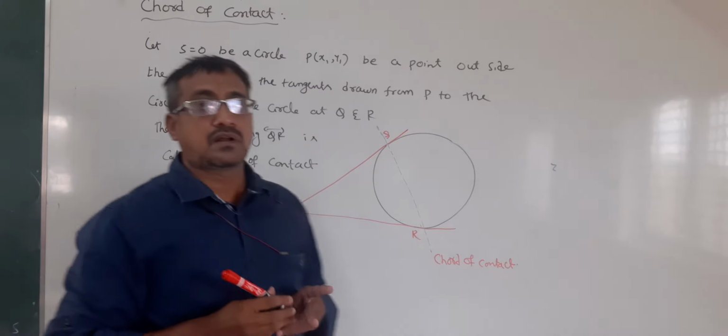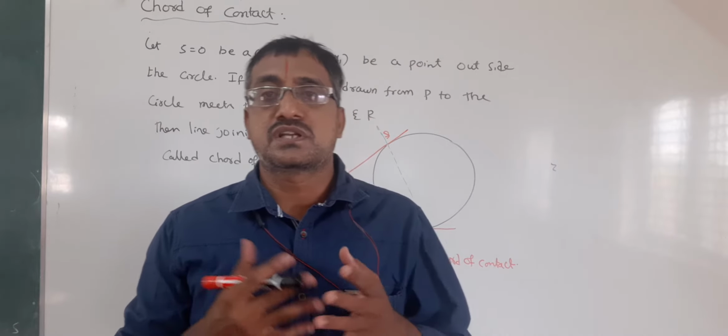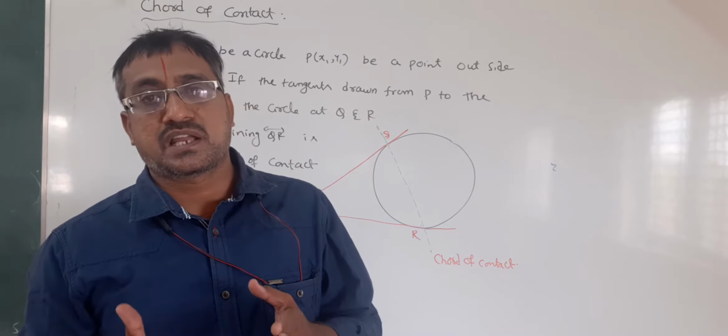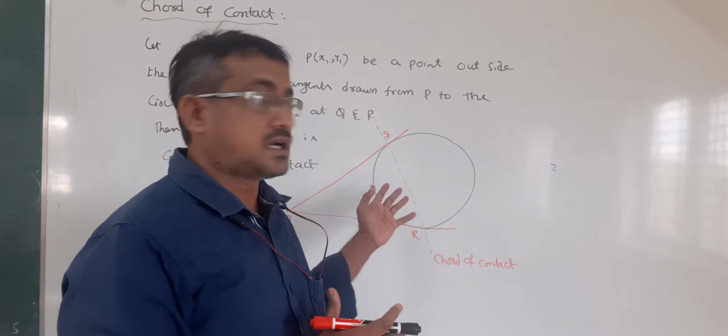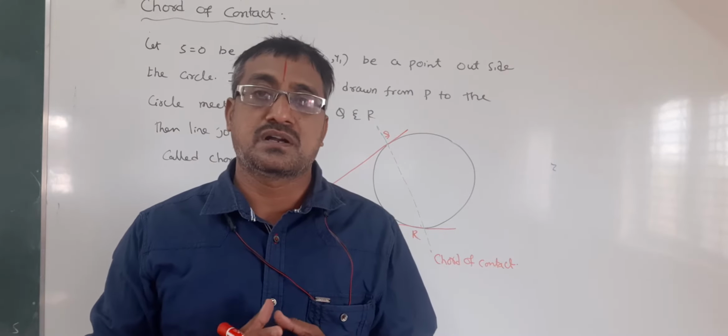The tangents meet the circle at 2 points Q and R, and the line joining QR is the chord of contact.